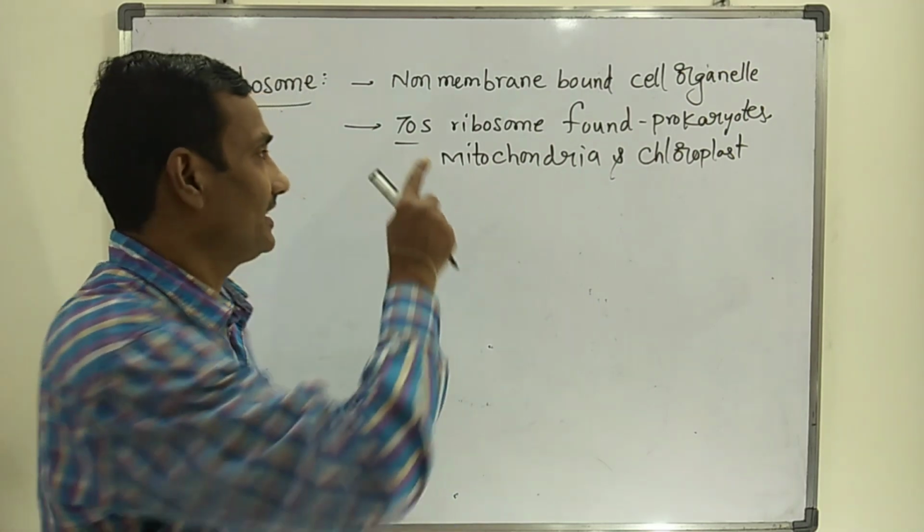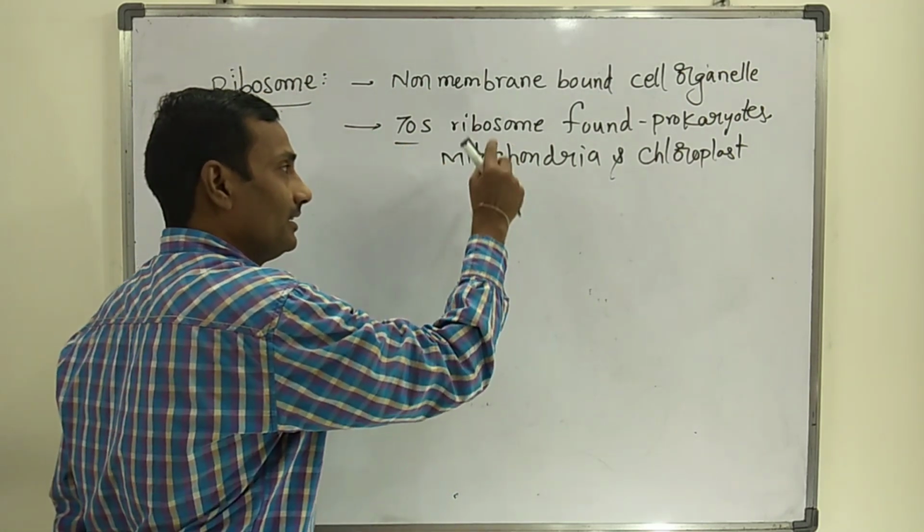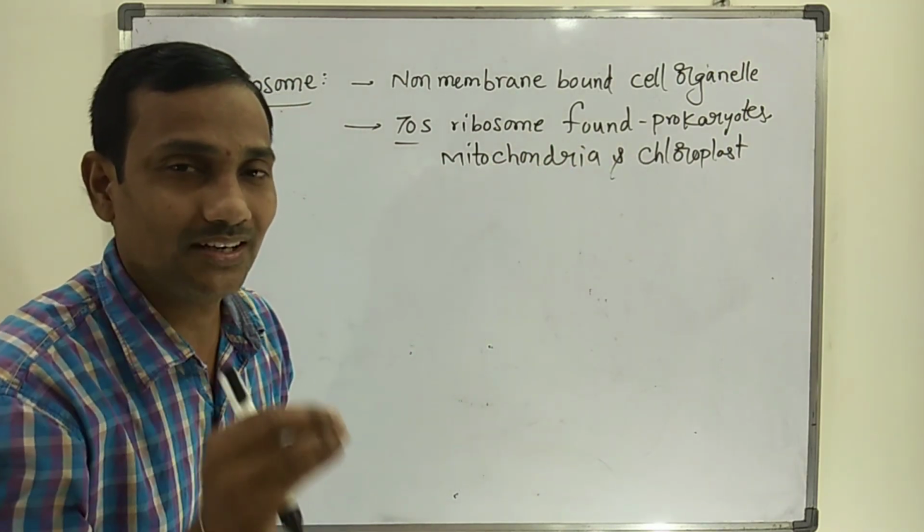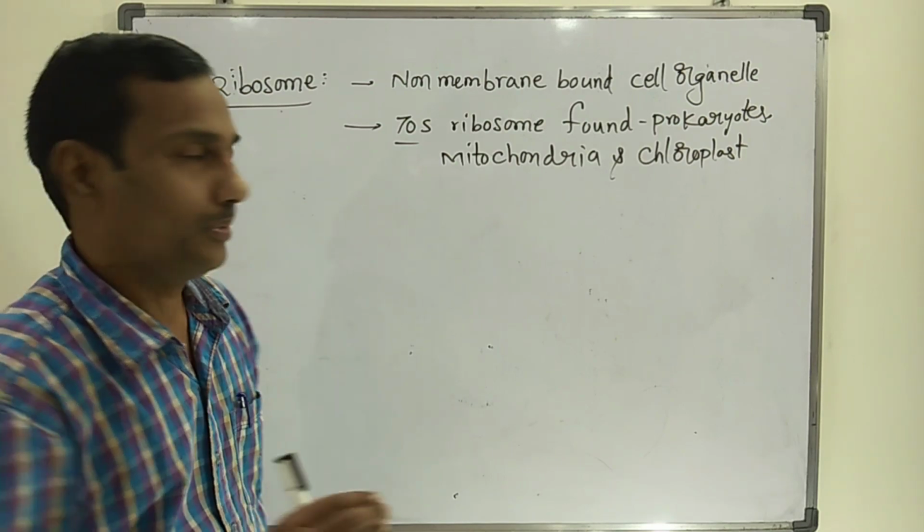So 70S ribosomes are found inside mitochondria and inside chloroplast.